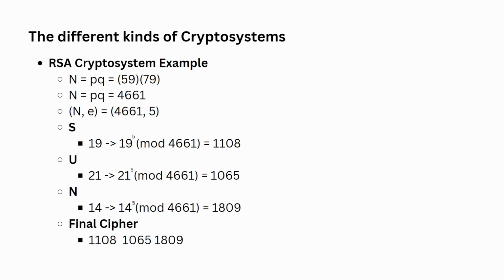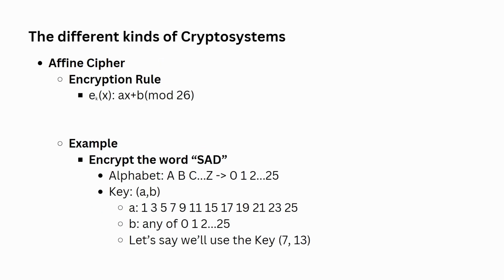It will then become 19 raised to 5 mod 4661. Compute that and we will get 1108. Do that for all of the other letters and we will get the final cipher, which is 1108, 1065, 1809.